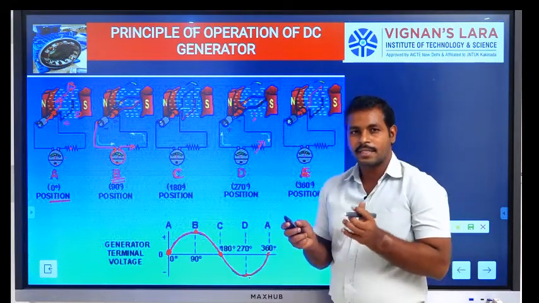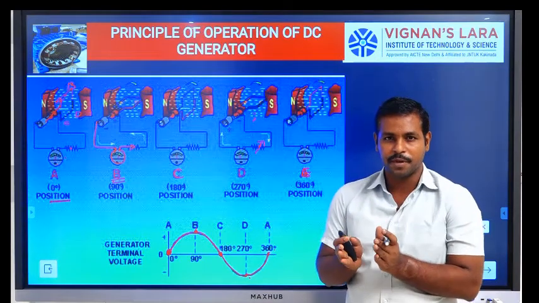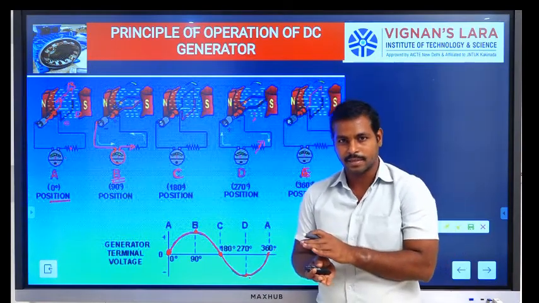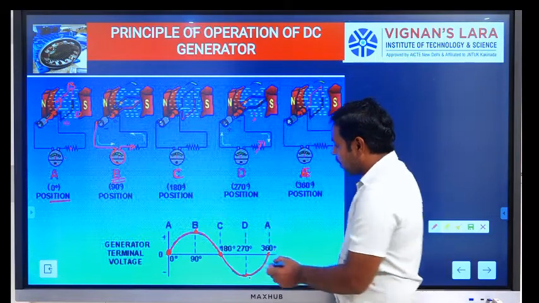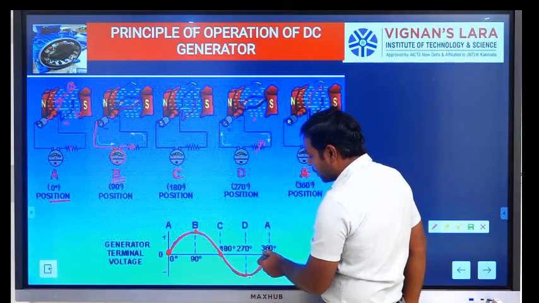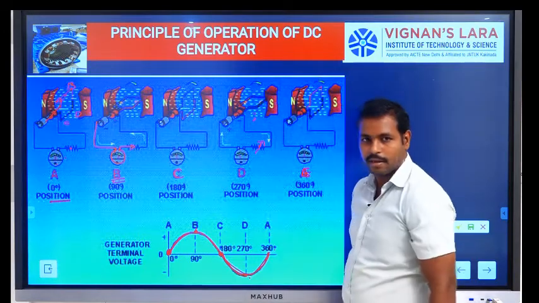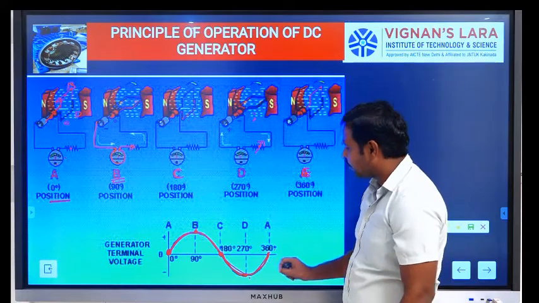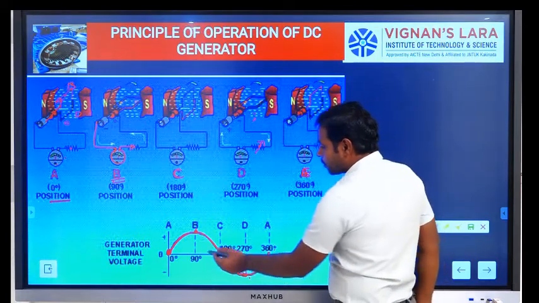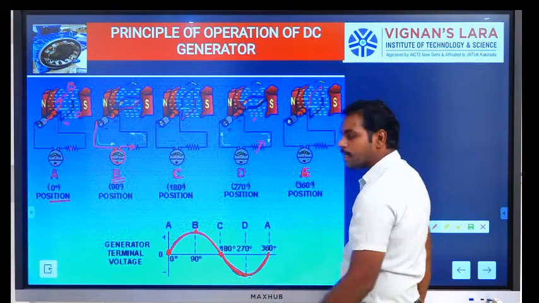So we considered a rectangular coil, rotated by a prime mover from 0 to 360 degrees. The EMF induced in the generator conductor is represented in a positive cycle and a negative cycle. So the generator always generates the alternating supply.